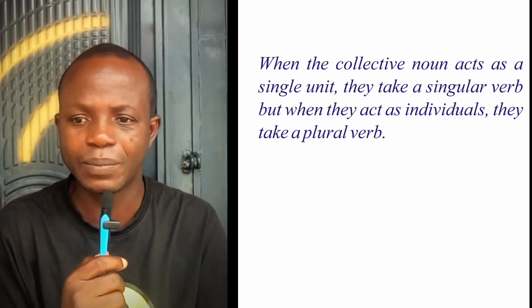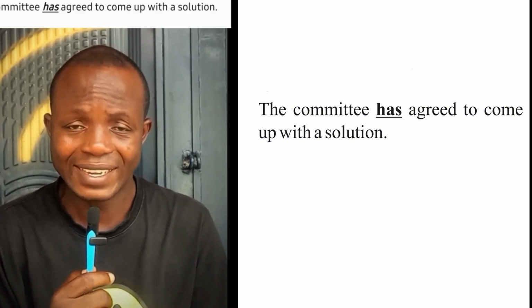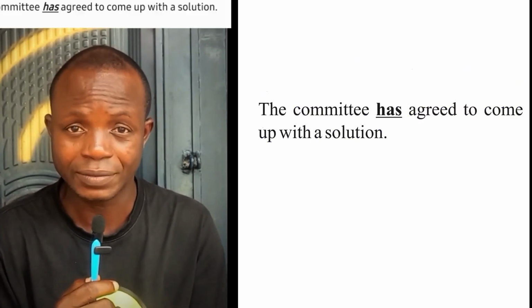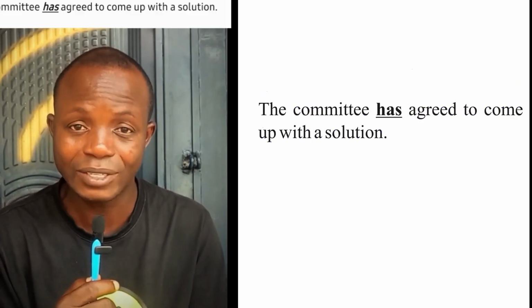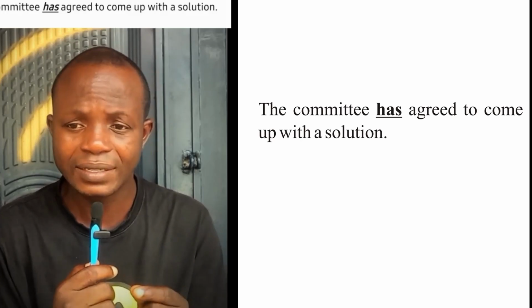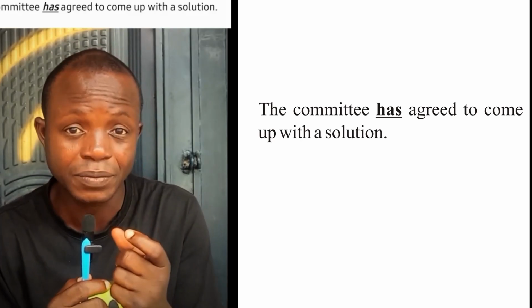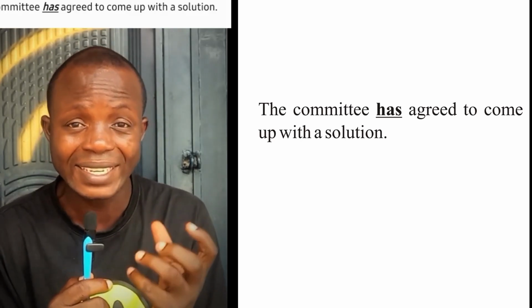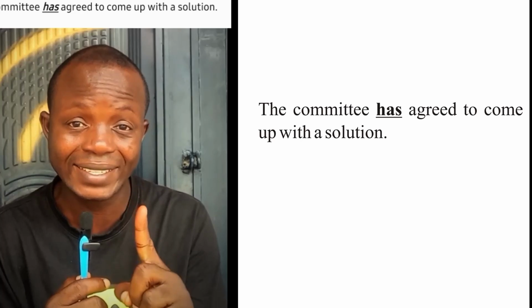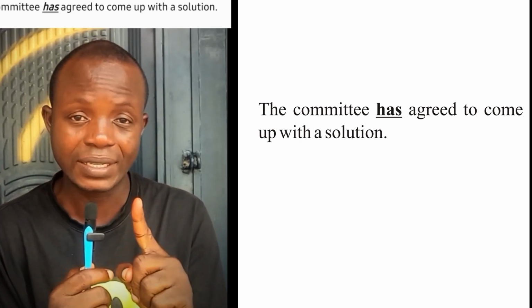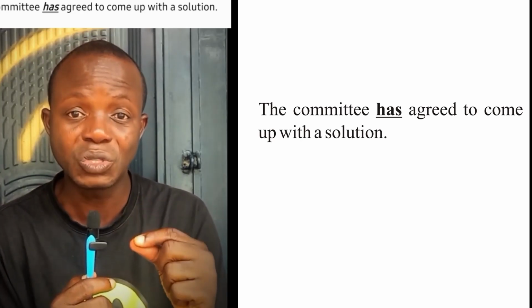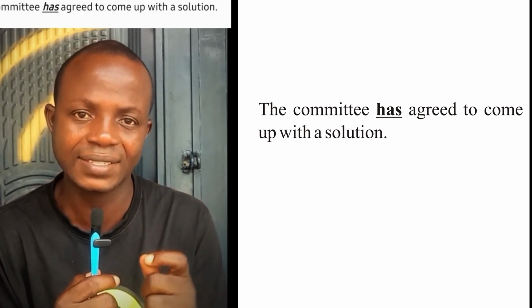Let's see this example. The committee has agreed to come up with a solution. In this case, has is a singular verb. And because the committee in this sentence acts as one united entity, as one unit, that is why we choose a singular verb, has.